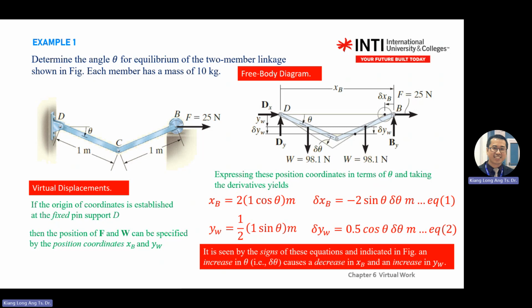It is seen from the sign of this equation and indicated in the figure that an increase of delta will cause a decrease in xb and an increase in yw.